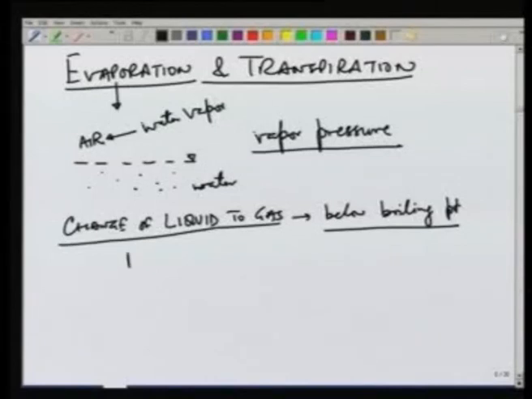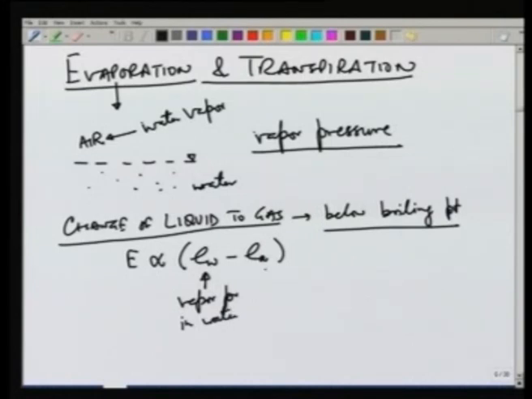So, we can say that this evaporation rate E will be proportional to the vapor pressure in water minus the vapor pressure in air. And typically the water surface vapor pressure will be higher.